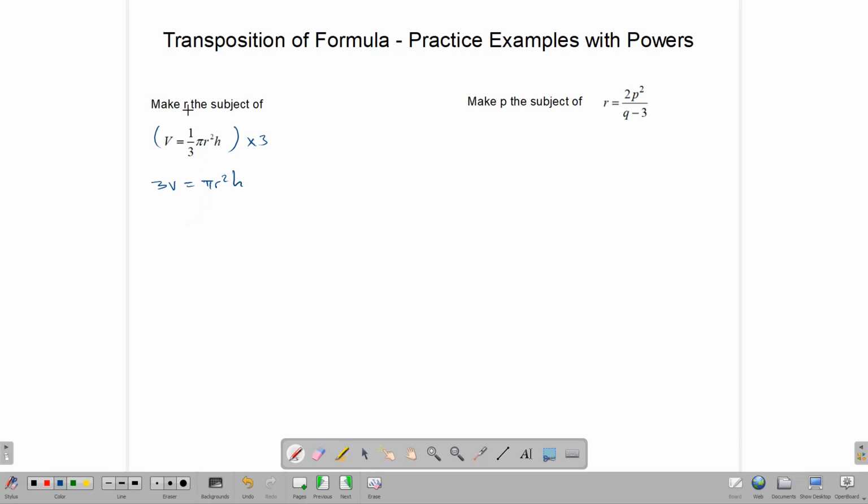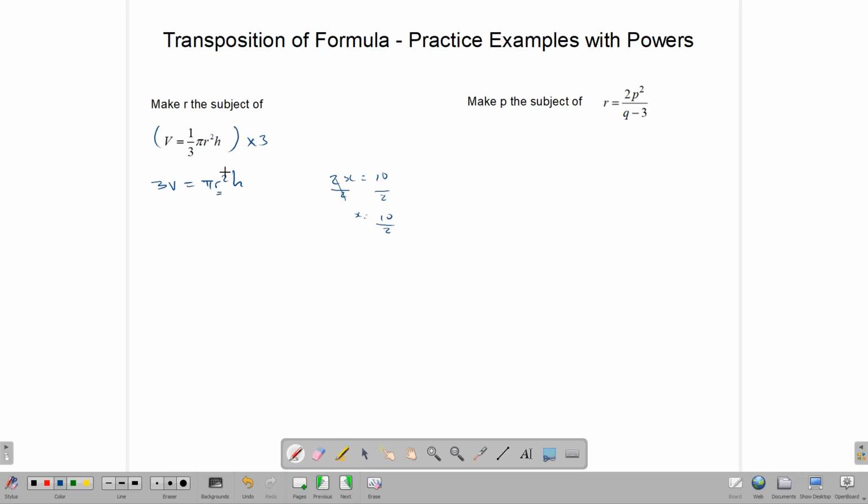We want r to be the subject. So here's our r. Now, if you're solving the equation 2x is equal to 10, and you want your x, then what you do is divide by your 2, and you get x is equal to 10 over 2.